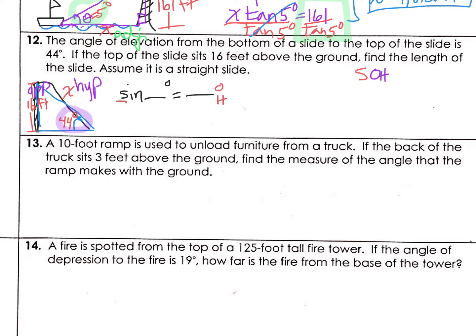And now we're going to put in our values. Our angle is 44. Our side opposite is 16. And our hypotenuse is the x. So once again, we're going to create that proportion, and we're going to cross multiply. X times the sine of 44 gives us x times the sine of 44. And then 1 times 16 is 16. And then to undo multiplication, we are going to divide both sides by the sine of 44.